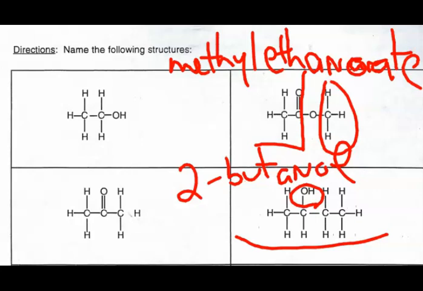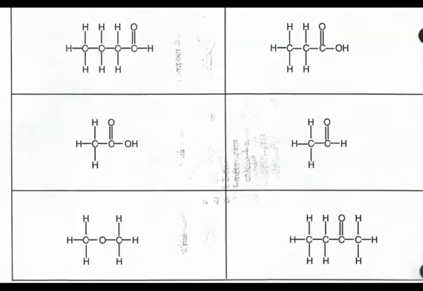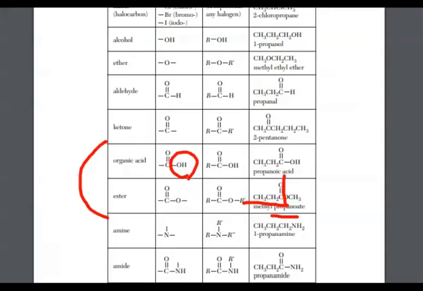All right, let's finish this out. For this next one, I see 4 carbons. So that's going to be a but. That's not going to be butane. I have a C double bond O and an H, so 1 oxygen with an H on the end. I go to the reference table, and let's see.